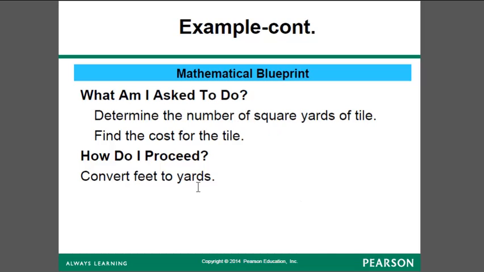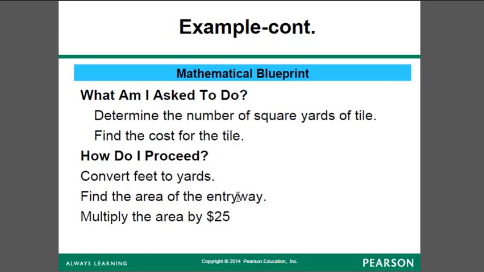So I need to convert feet to yards first. The second thing is I'll need to find the area of the entryway. This way I can determine how many tile there are. Once I find out the area of the entryway, I'll need to multiply it by $25 to find out the amount that I'll be using to purchase the tile.